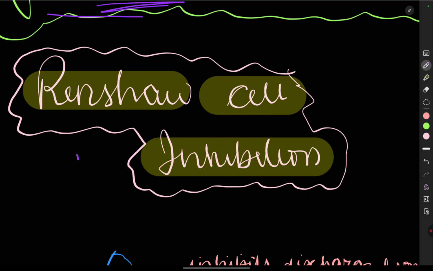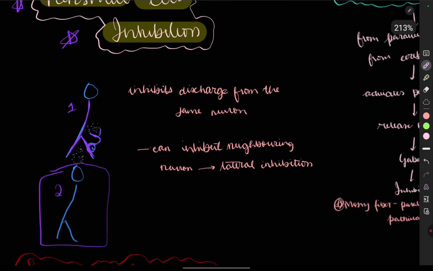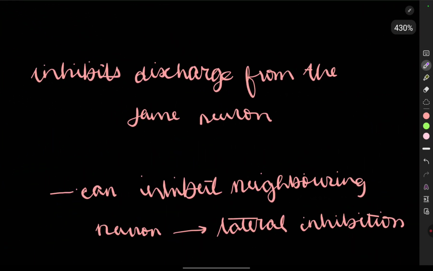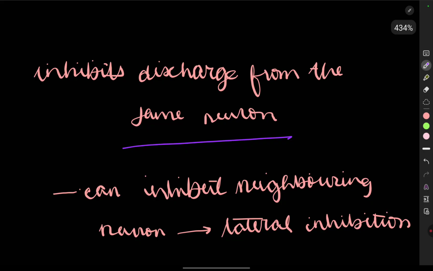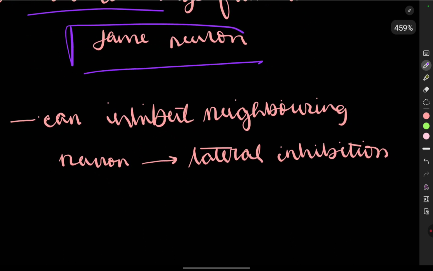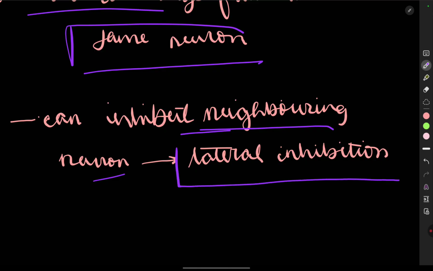This is an important inhibition. It inhibits discharge from the same neuron. It is present on the same neuron and inhibits the release of the neurotransmitter from that same neuron. It can also inhibit the neighboring neuron, which is called lateral inhibition.